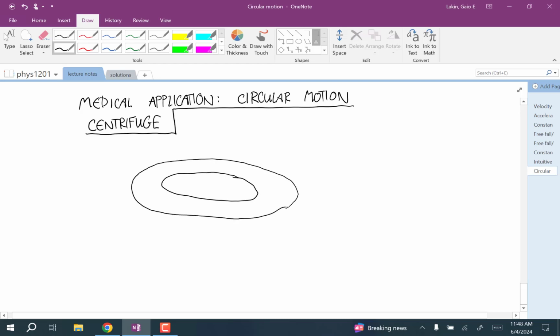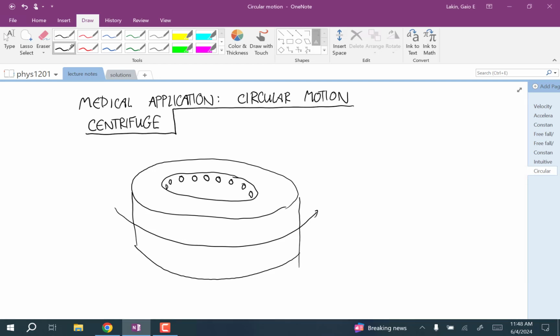You have a body that rotates around very fast, and inside here are places where you can set test tubes of different types.